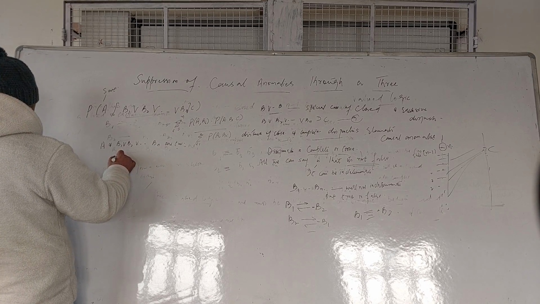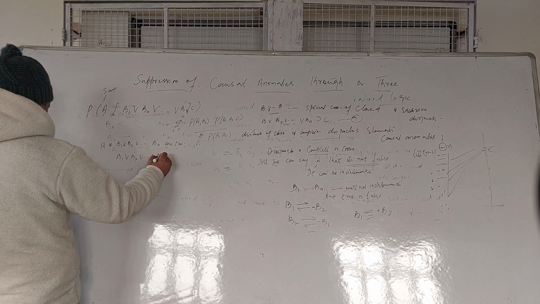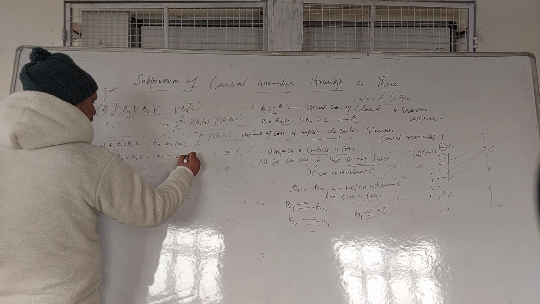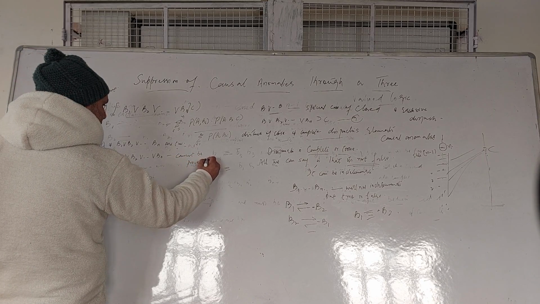We can show that B1, B2 cannot be proved true.